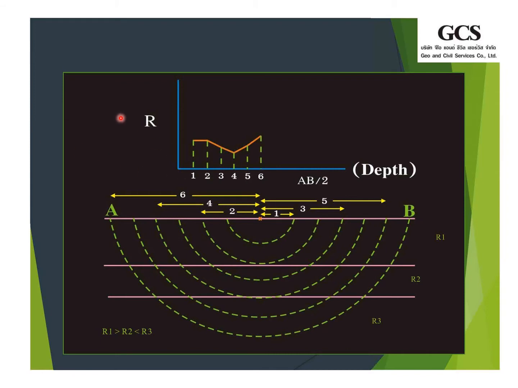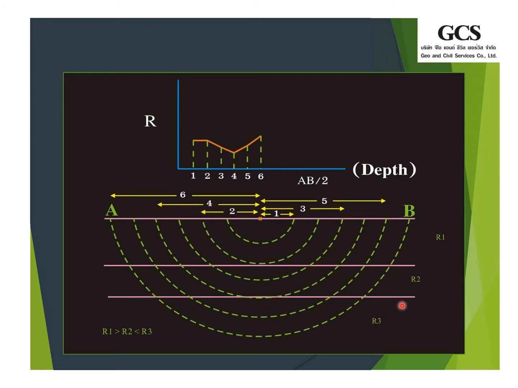In the example in the picture, it is found that the electrical resistivity is calculated according to the distance from the survey point, plotted on the graph, and able to be interpreted as geological layers according to the electrical resistance of three classes: R1, R2, and R3.